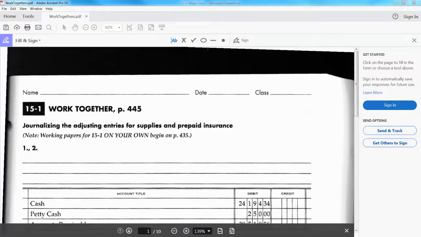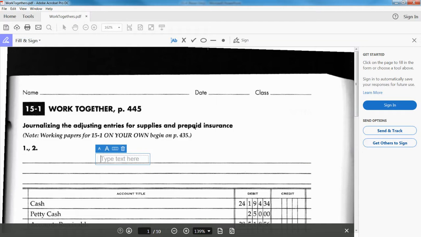All right, 15.1, work together. The directions for this are on page 445 in your textbook, and I'm on page 425 in your workbook. So the first thing we need is our who, what, and when for the trial balance.